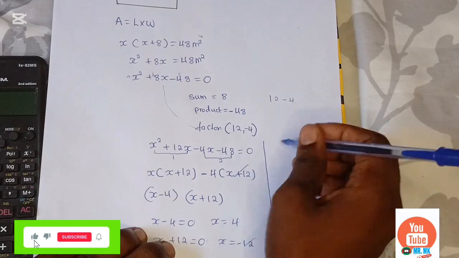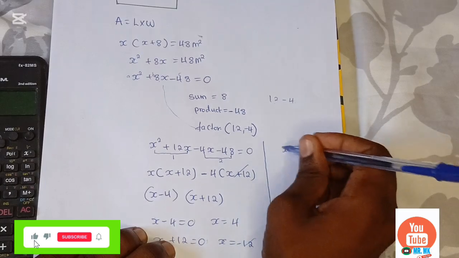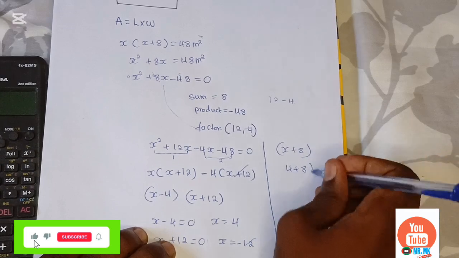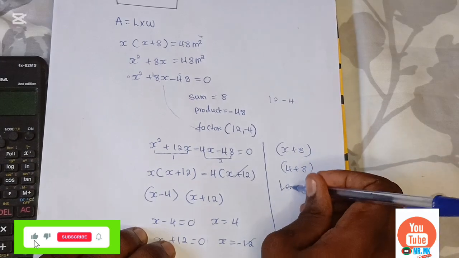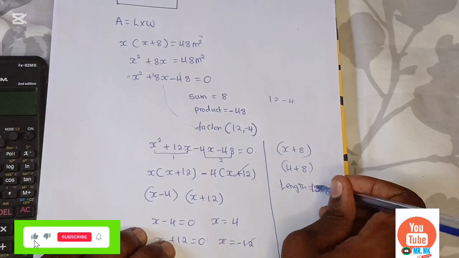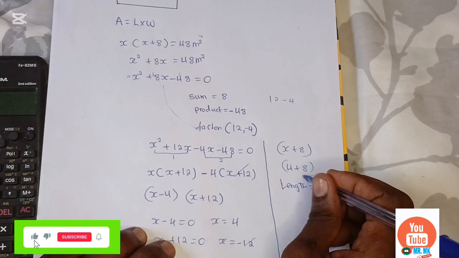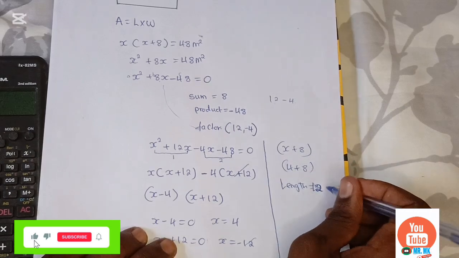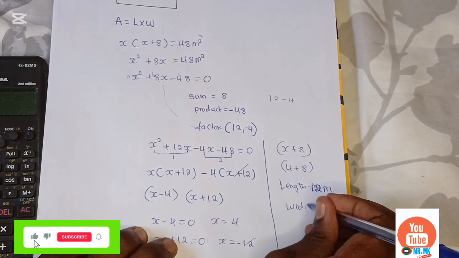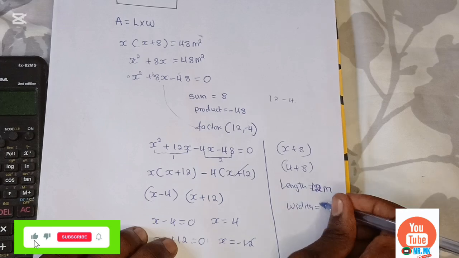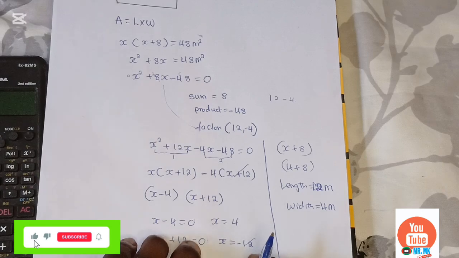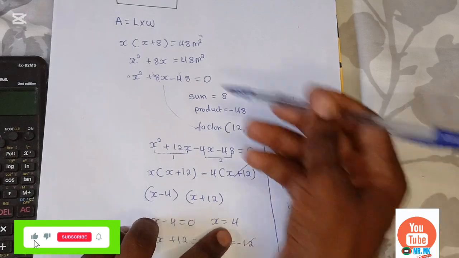So the length is 12 meters. Now the width is 4 meters.